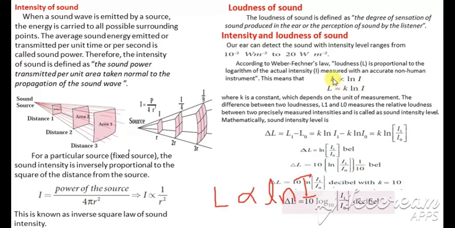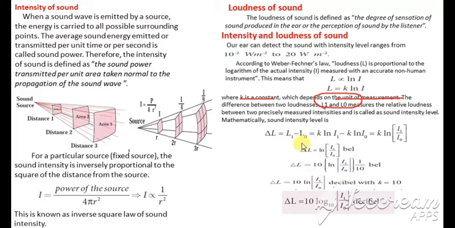So L is proportional to ln of I. For proportionality remove பண்றதுக்காக we are writing a constant k. Here k is a constant which depends on the measurement. Suppose L1 to L0 அளவுக்கு measurementல எடுக்கிறோம் அப்படின்னா then it varies from L1 minus L0.